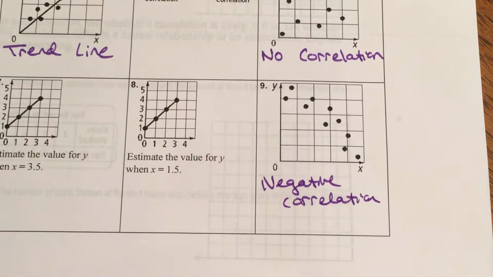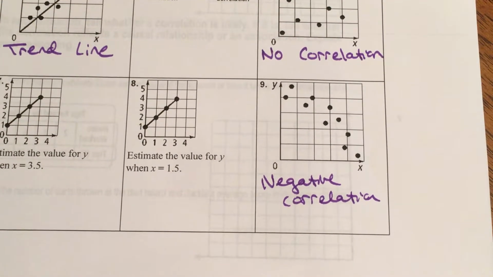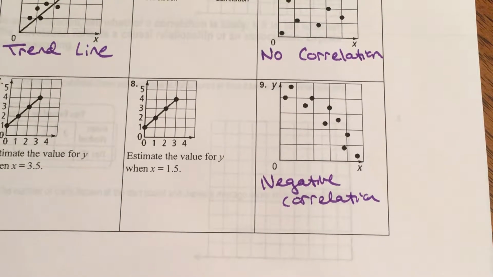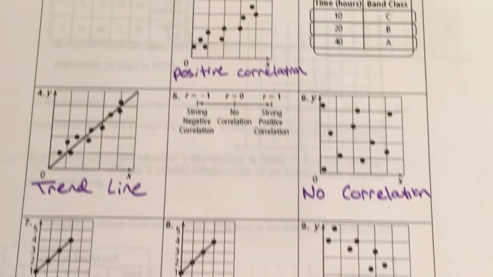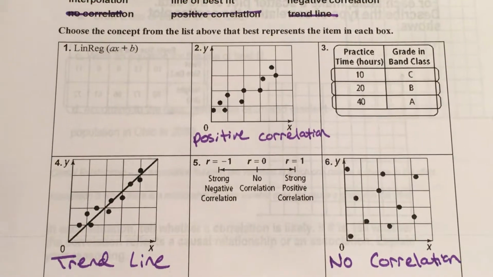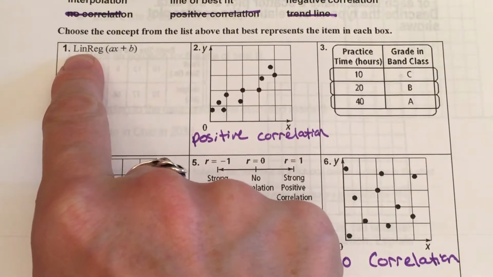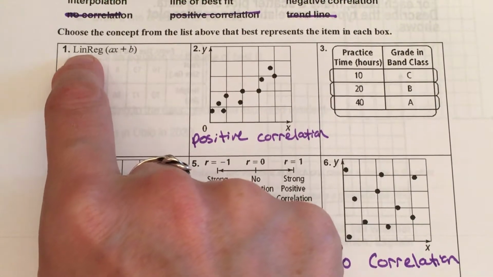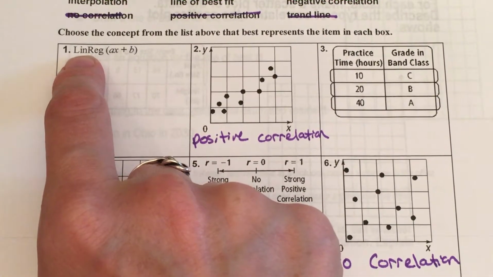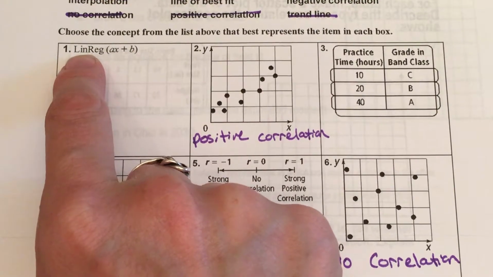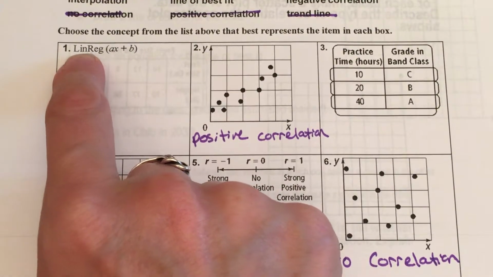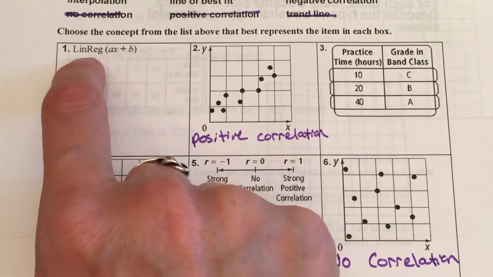Super. Okay, so let's talk about these other words that we haven't learned before. When we did all of those steps in the calculator, we used linear regression. We pushed menu, 6 for statistics, 1 for stat calculations, and then 3 for linear regression.